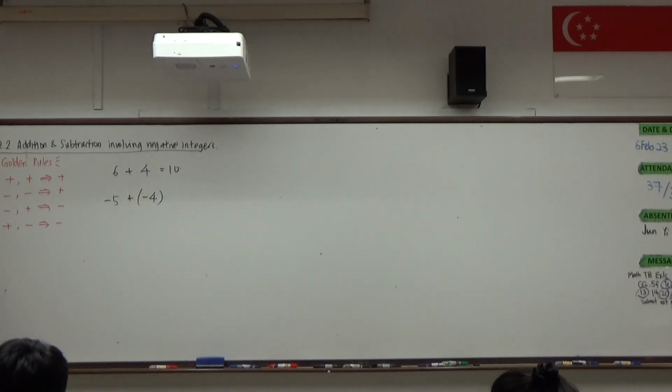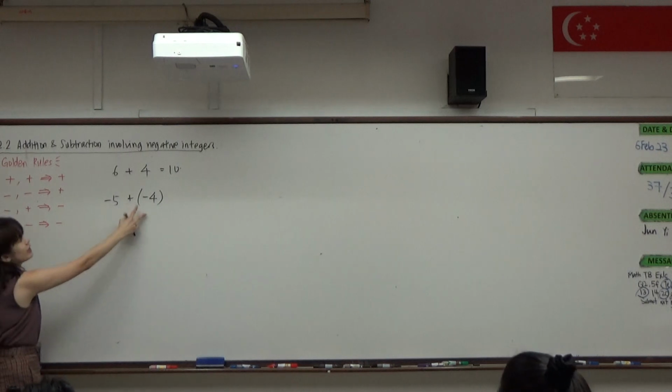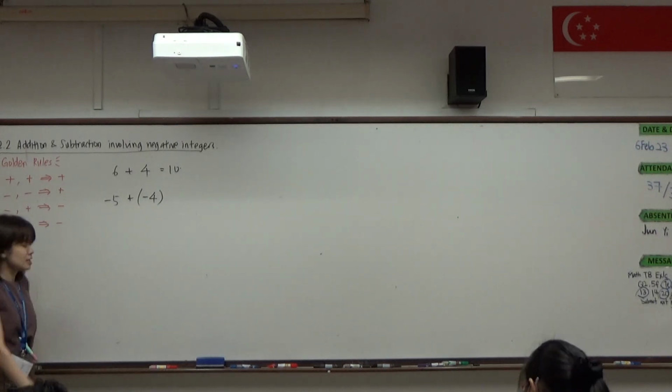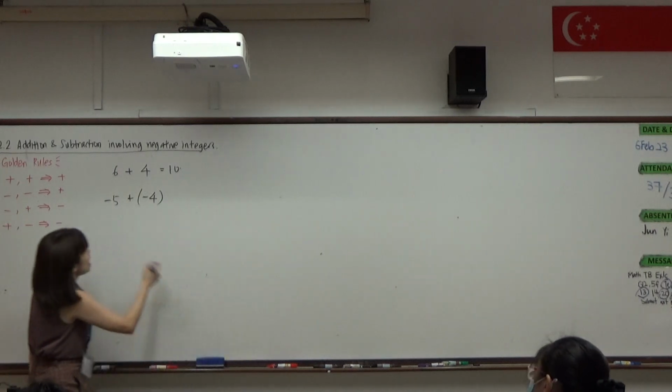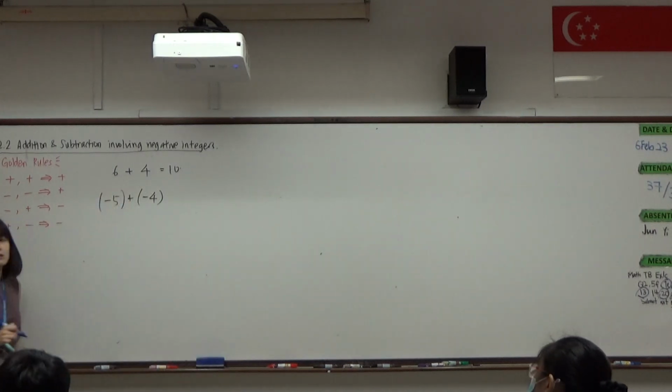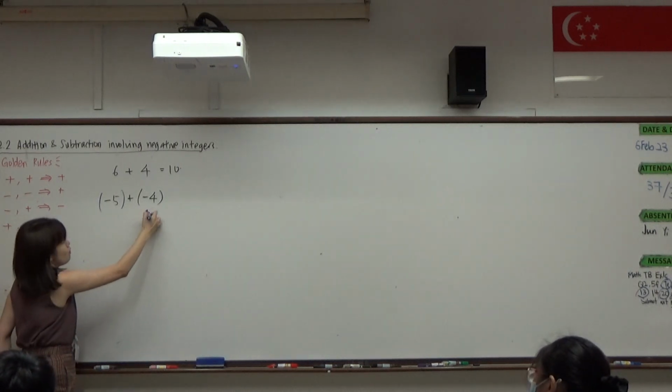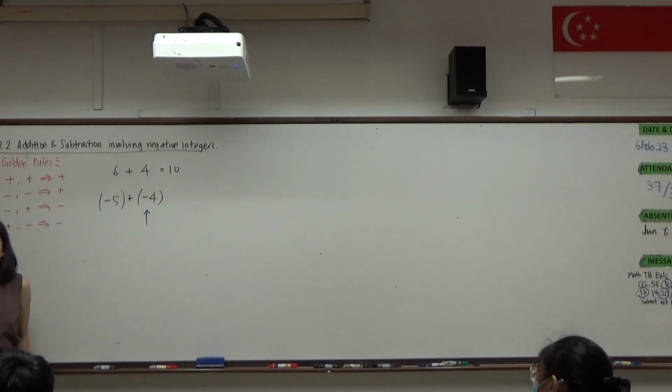Now, negative 5 plus negative 4, sometimes we can write it like that, with the brackets around the negative 4. There are also times that you may encounter brackets around the first negative 5 as well. But essentially, we put brackets when you need to separate out the plus and minus.